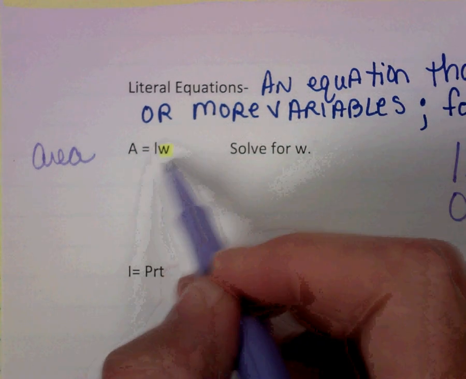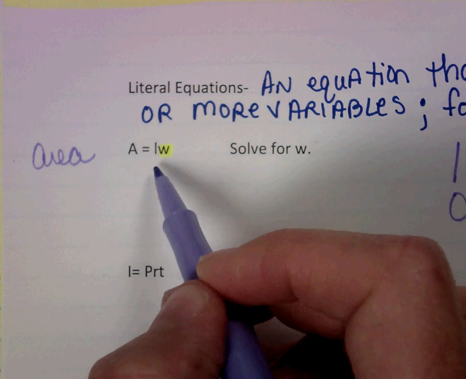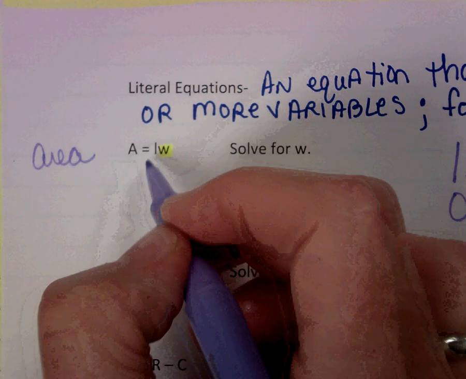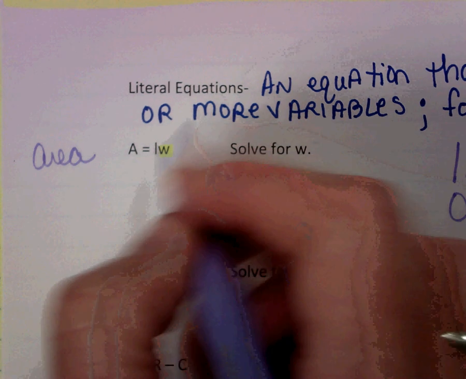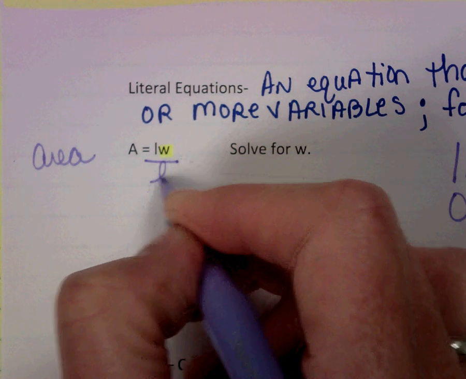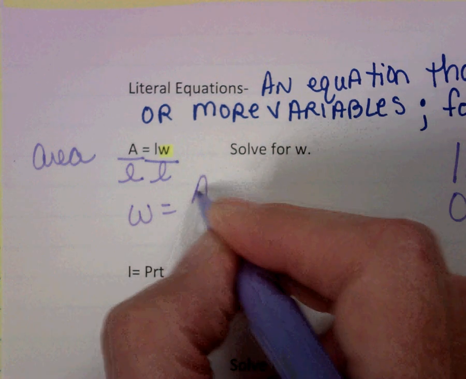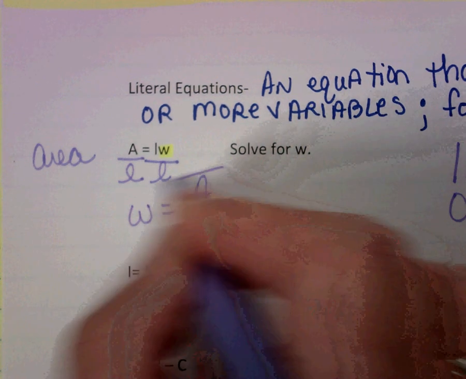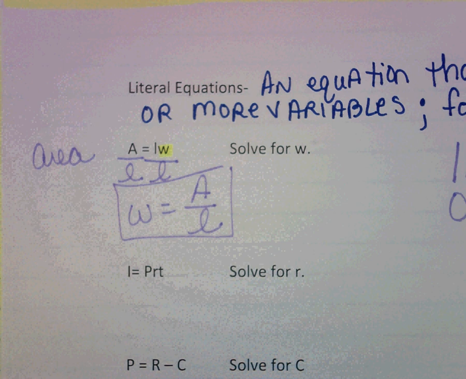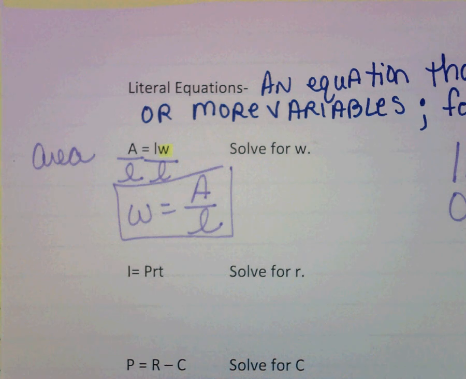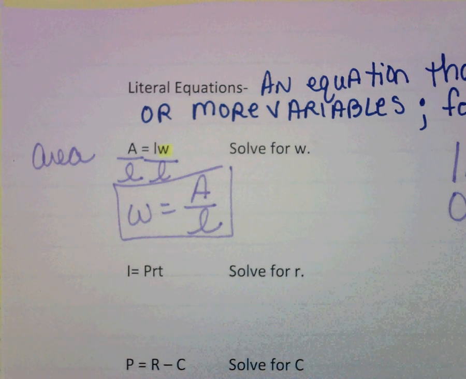If I want to solve for W, I need to cancel out the L. This is L times W, so the opposite would be to divide by L. And so W is simply A divided by L. That would be solving the equation for W. We're basically just rearranging it so W is by itself.